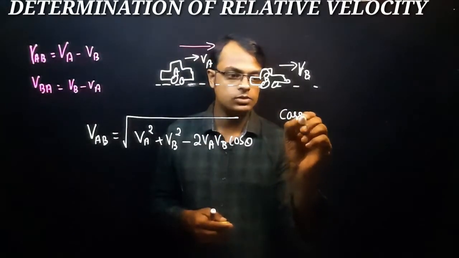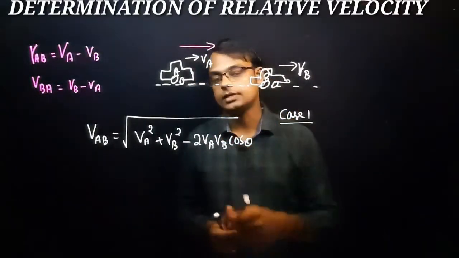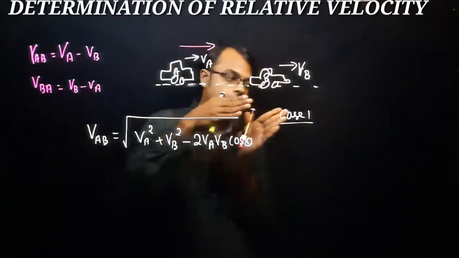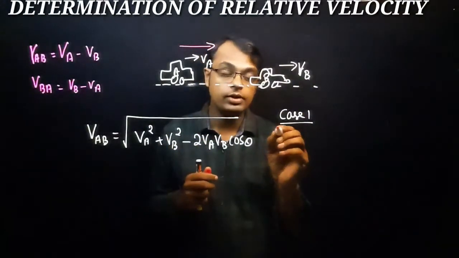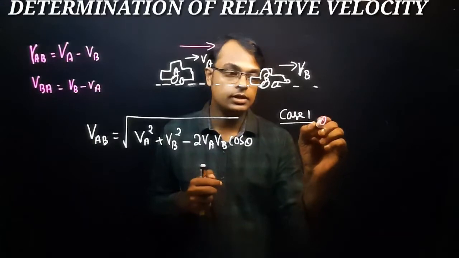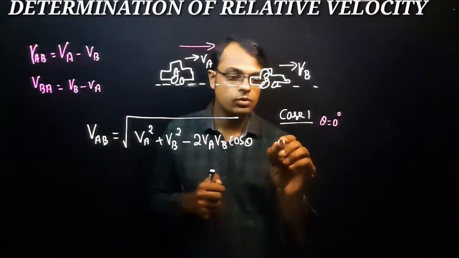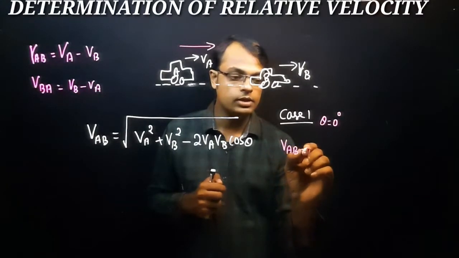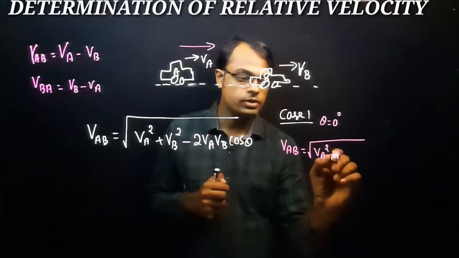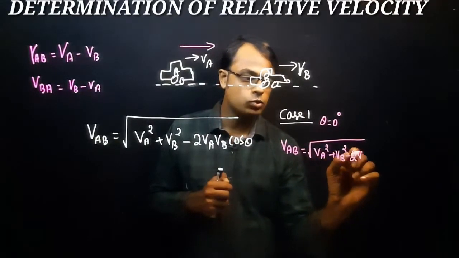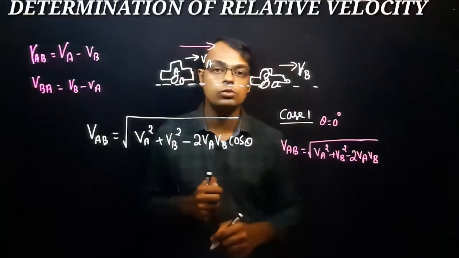So let's discuss two cases. Case 1: VA and VB are both in the same direction. That means two cars are traveling in the same direction, so the velocity vectors are in the same direction. The angle between VA and VB is theta equal to 0 degrees. So the equation becomes VAB equal to square root of VA square plus VB square minus 2 VA VB, because cos 0 equals 1.